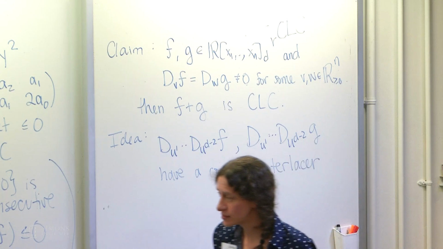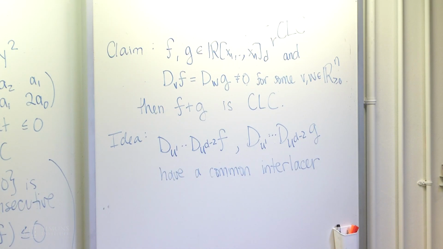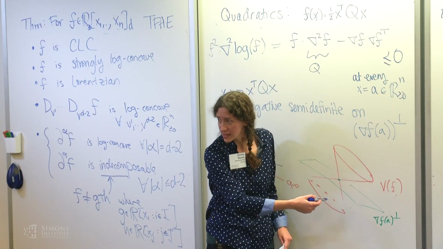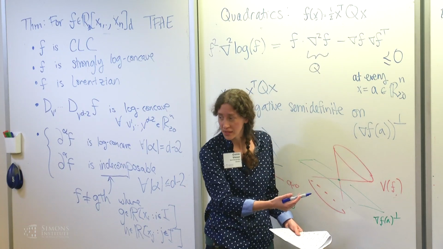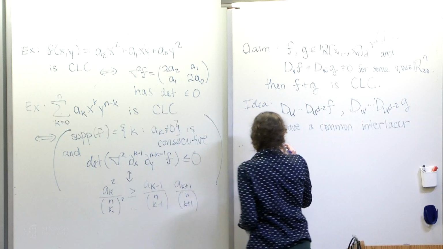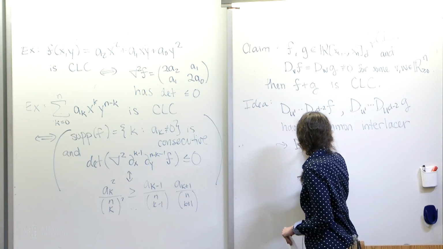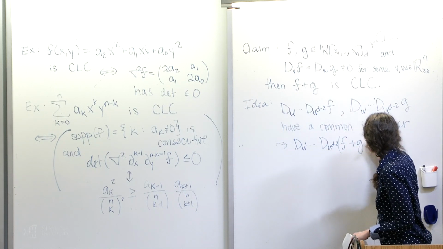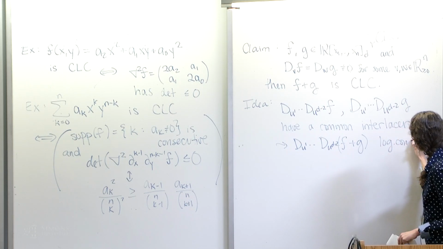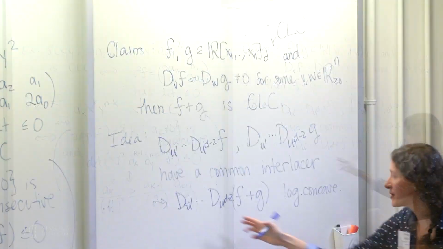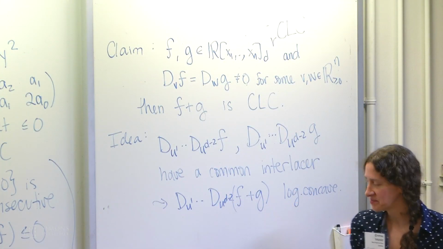And so really you have two quadratics. They're both positive on the positive orthant. They're both negative on some linear space. And so when you add them together, those properties are preserved. You have to make some argument to say if you know it for quadratics, then you know it for everything, but that's not too bad.